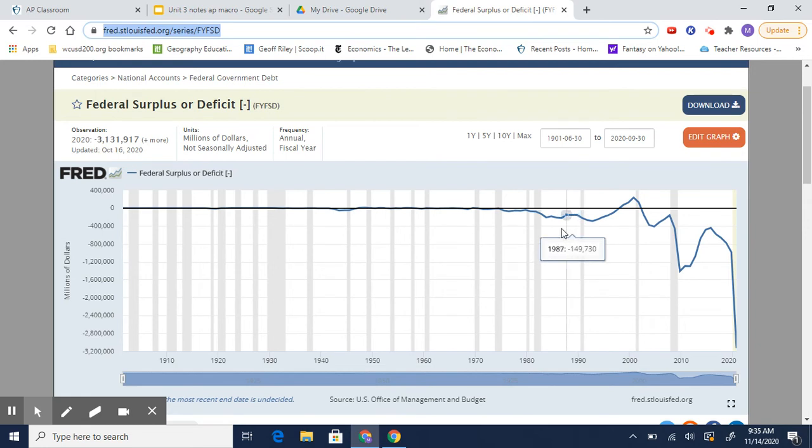I will say that the 1980s were a period of tax cuts and increased government spending during the Cold War to try and combat the growing influence of Russian communism throughout the globe. Under President Reagan, they significantly increased the military budget and also cut taxes. And in a little bit, we'll talk about why that increases the deficit.